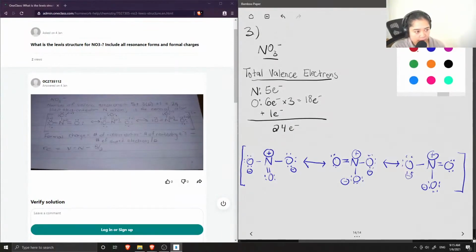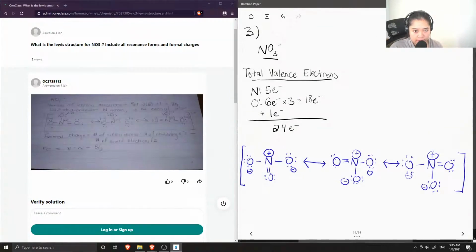So now I will do a sample calculation for formal charge. So let's try to fit it up here.